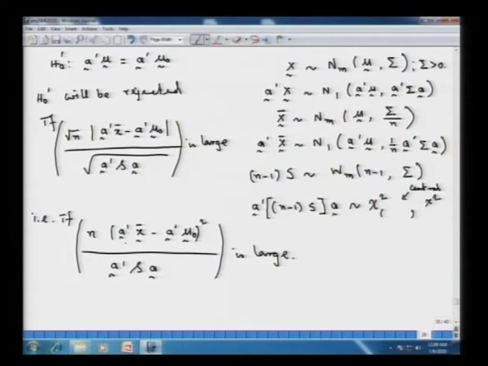Now, what is the relationship between the rejection of this hypothesis for a particular A belonging to R to the power m and the rejection of the H naught hypothesis, that is mu equal to mu naught?